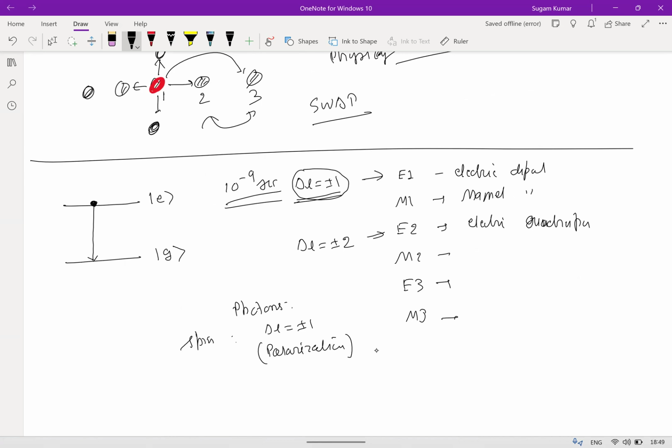But they also carry angular momentum, orbital. Okay, I will explain maybe. So this is because of polarization, but this is because of the field gradient.